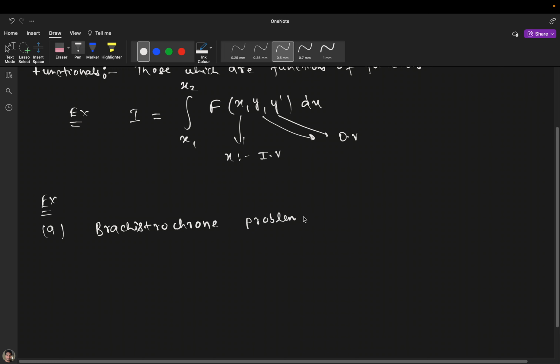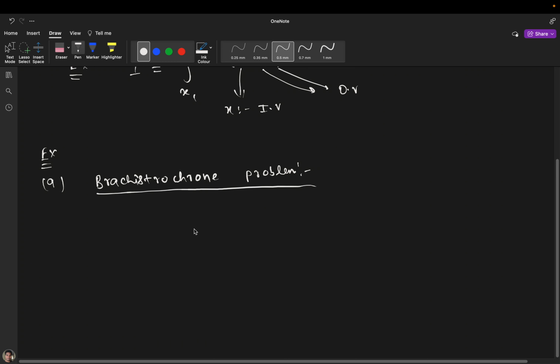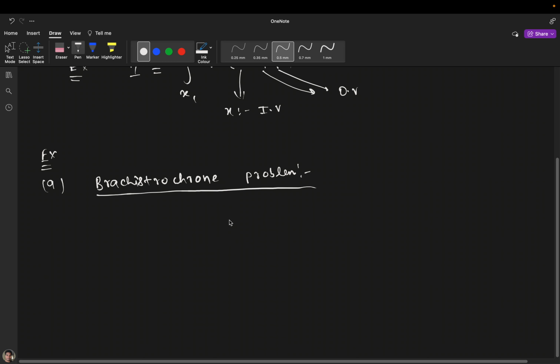Do you know what this is? Sir, in this problem we find which path it will take if you drop a ball, the path of minimum time. Yes, that's correct.